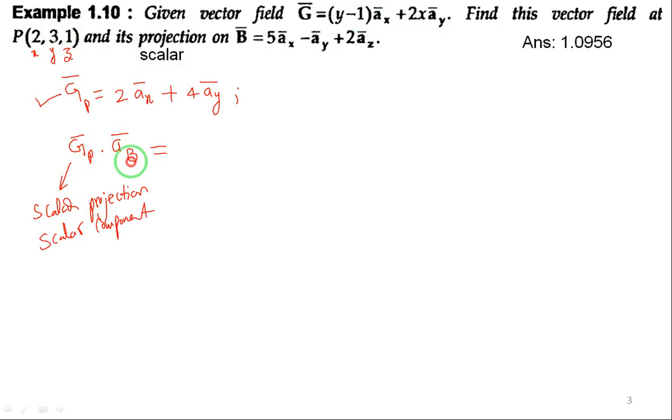G vector at point P we have already calculated in the previous step. We want to calculate aB vector. First calculate aB vector, which is equal to the vector B divided by its magnitude.